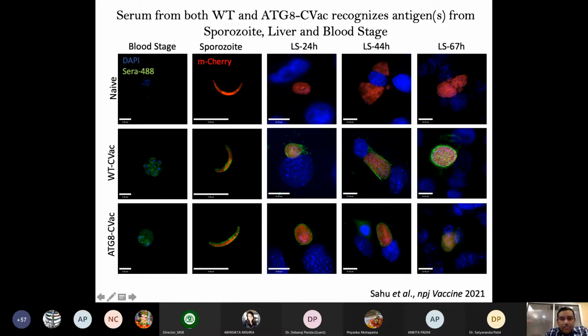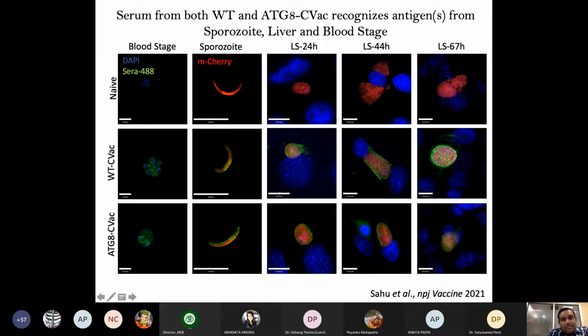Then what you are seeing here is we immunized, we studied the CD8 T cells and CD4 T cells, and CD8 T cell is important. Now we wanted to see how the antibody response is, whether we are developing any antibody response against different stages. So what you are seeing here is these three lines represent the immune serum from naive, non-immunized mice, wild type CVAC mice, and the ATG8 CVAC mice, our mutant.